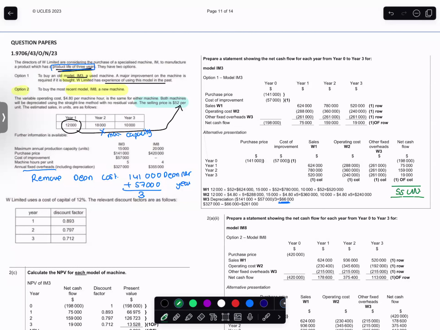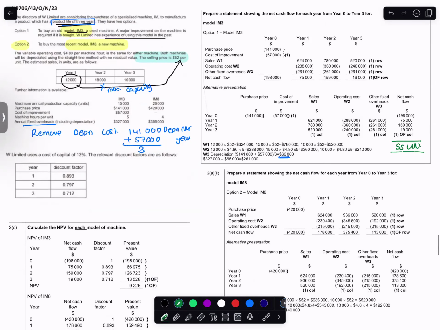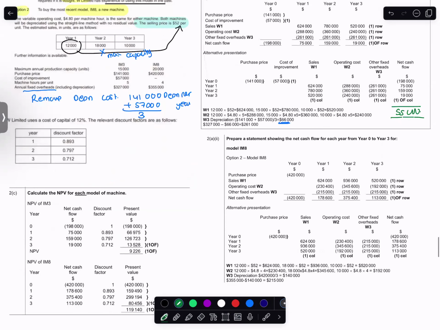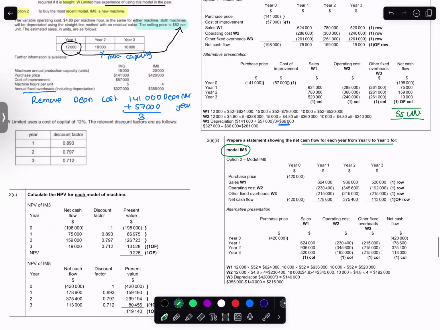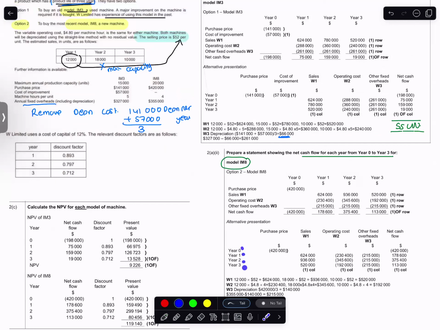Then they want a statement for net cash flow from year 0 to 3 for model IM8. Okay. 0, 1, 2, 3. Purchase price this much. Now how do you do the sales? You'll do the same thing, but instead of using 15,000 for year 2, you'll use 18,000. So 12, 18 and 10 multiplied by 52.